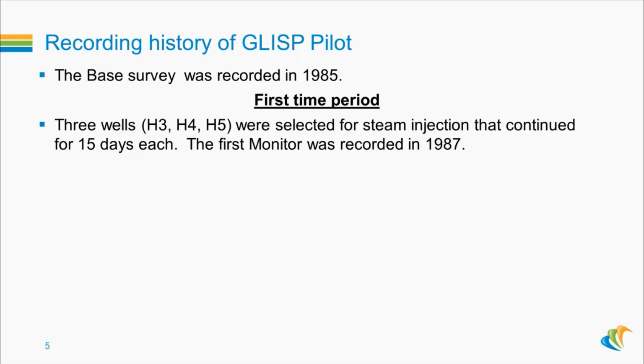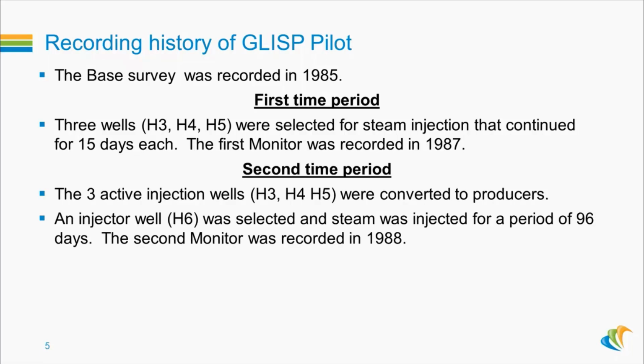And the first monitor was recorded in 1987. In the second time period, the 3 active injection wells, H3, H4, and H5, were converted to producers. And then they picked a new injector well, H6, and steam was injected for a period of 96 days. So the second monitor was then recorded in 1988.